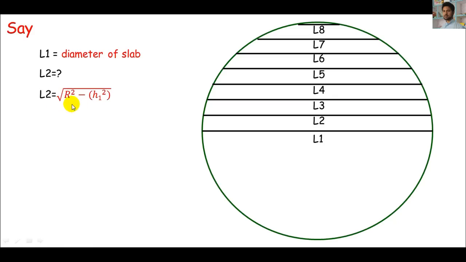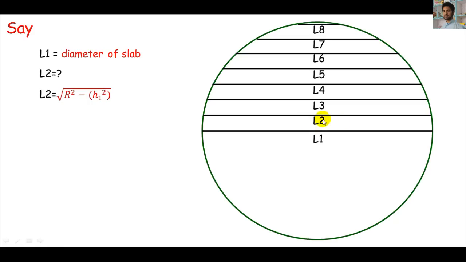Here I am not going into Pythagorean's theorem in detail. For that, you can watch the video named Pythagorean's theorem on the same channel. But this formula will just give you half the length of L2, from the center of this line to the edge of this slab.